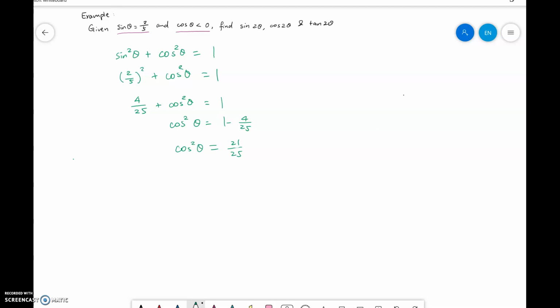So cosine theta will equal square root of 21 over 5, negative, because cosine is negative.